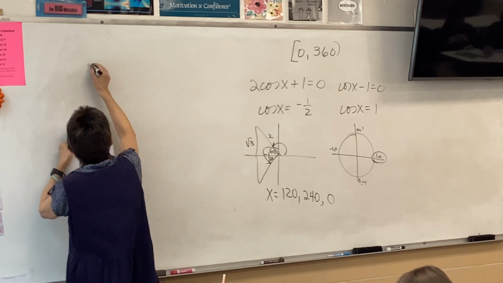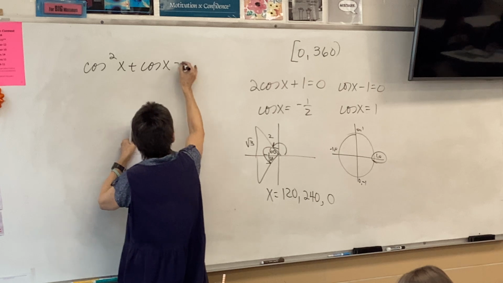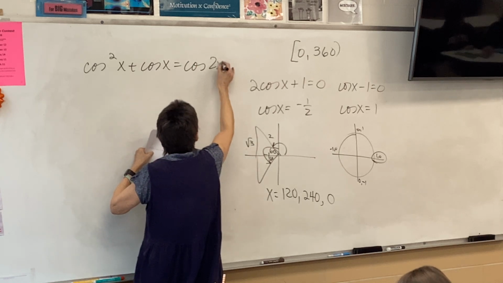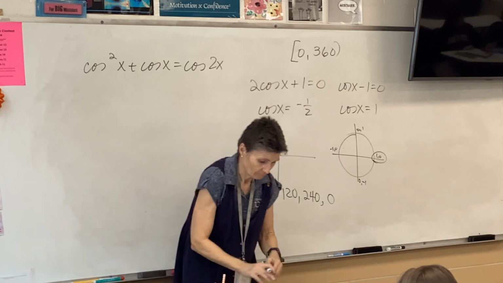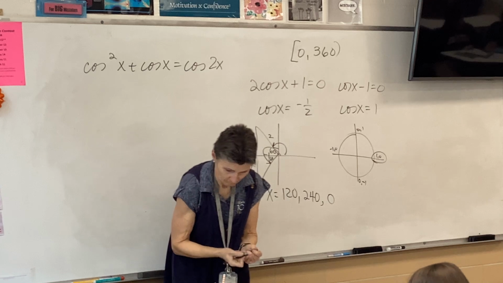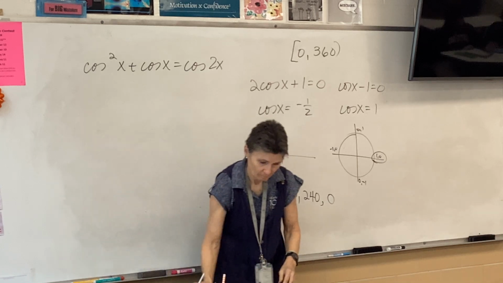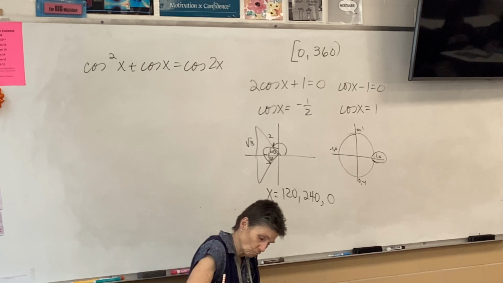So it's opposite. We already had cos, so we still have that. It was 1 minus 2 cos squared.